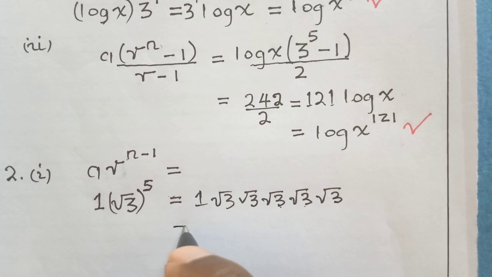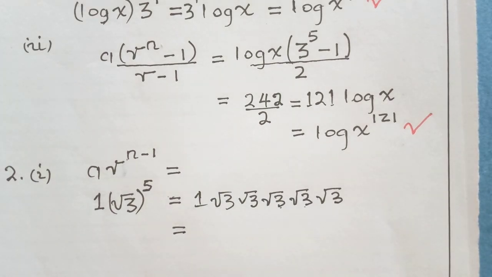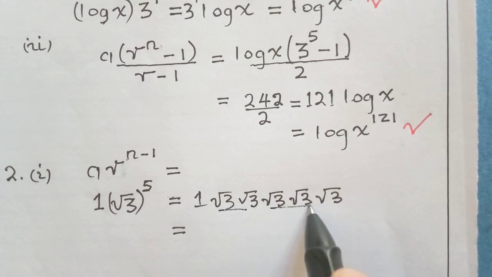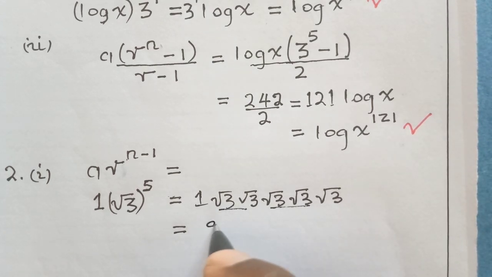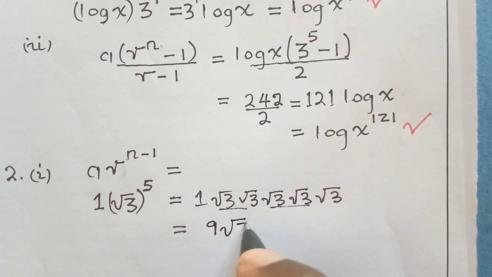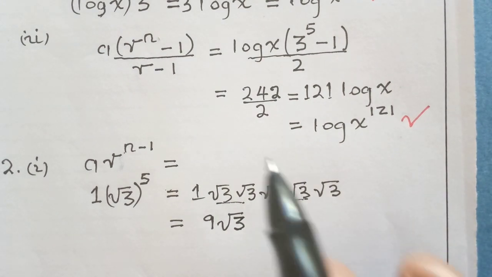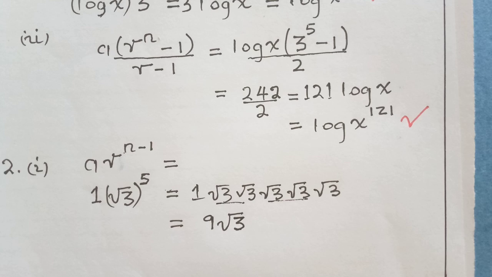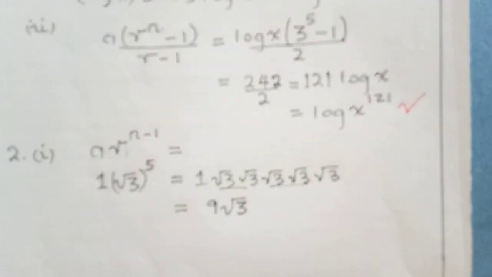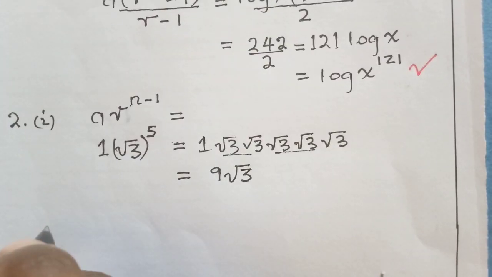So finally, now this is 3, you have 3 here. So this is going to be 9 root 3. So this is our 6th term.